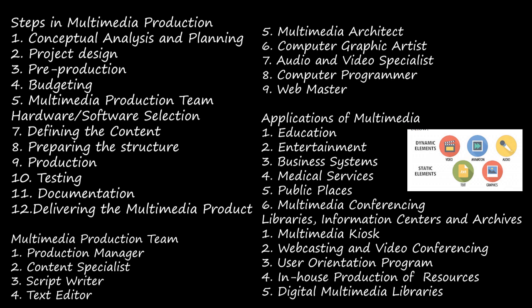First one is process of multimedia. It is on page number 7. We have seen multimedia production steps, from page number 7 till 9. On page 7 you can see steps in multimedia production: conceptual analysis and planning, project design, pre-production, budgeting, multimedia production team, hardware and software selection, defining the content, preparing the structure, production, testing, documentation, delivering the multimedia product.